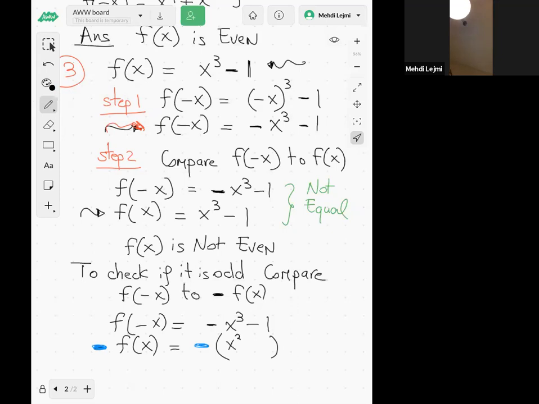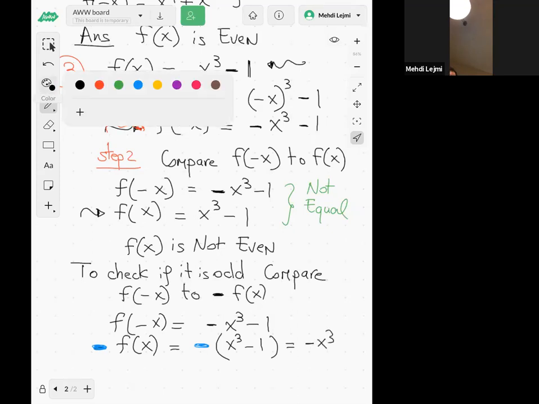So here's my x cubed minus 1 inside the parentheses. Now that'll be equal to, and then distribute the sign. So minus x cubed. And then because of the parentheses, this minus here and this minus, so minus minus, that will be a plus. Okay, so it's plus 1.